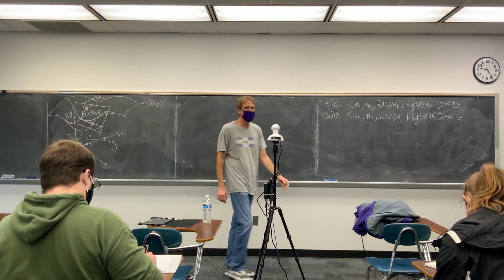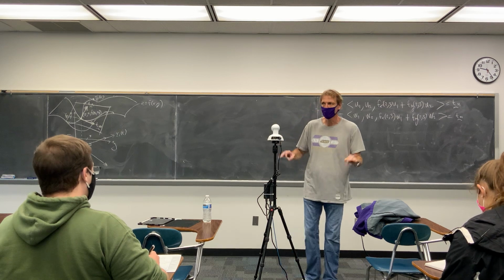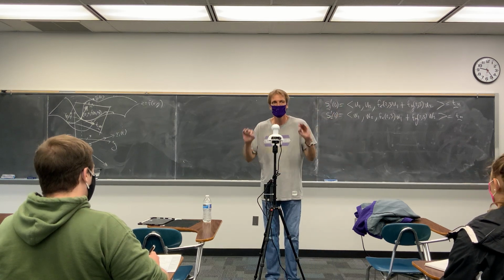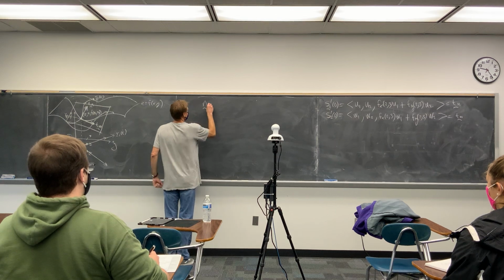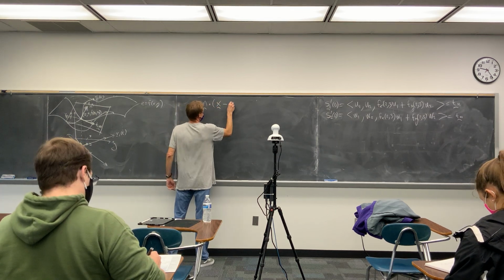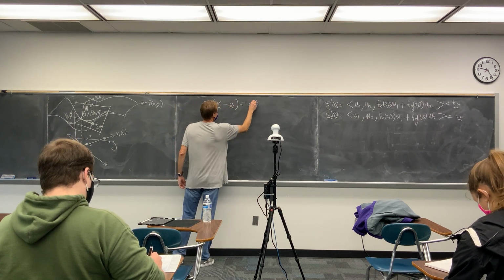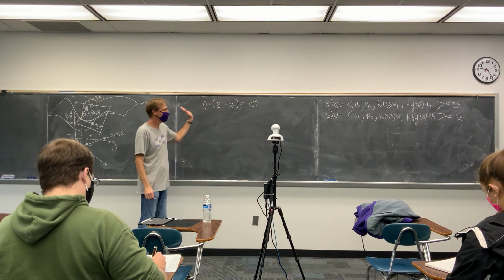When I say plane, you say, I hate you, Dr. Warren. When I say plane, you say what? (X minus A) dot N equals 0. It's a scalar equation because we have a dot product.